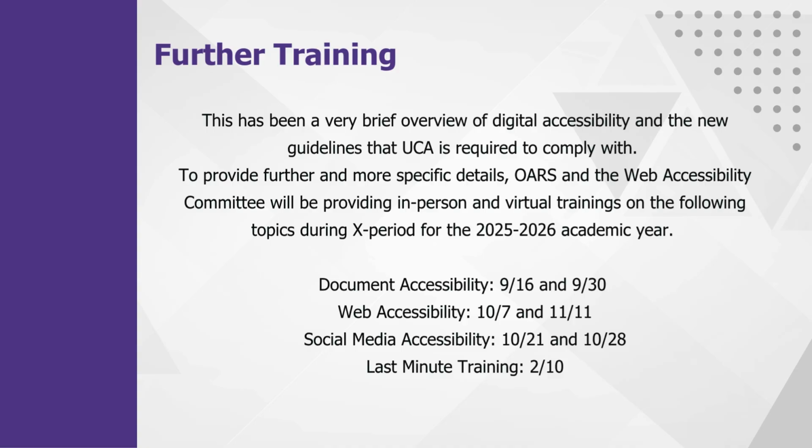To provide further and more specific details, OARS and the Web Accessibility Committee will be providing in-person and virtual training sessions on the following topics: document accessibility on September 16th and September 30th, website accessibility on October 7th and November 11th, social media accessibility on October 21st and October 28th, and one last-minute training session on February 10th. All trainings will take place during X period.